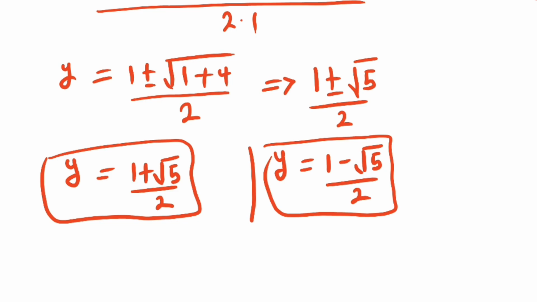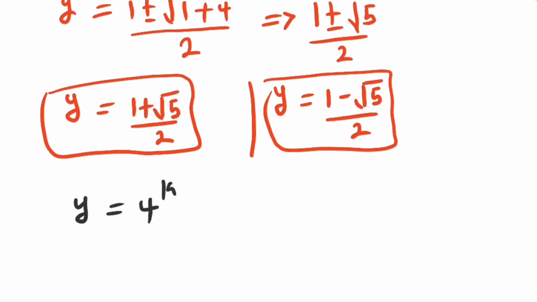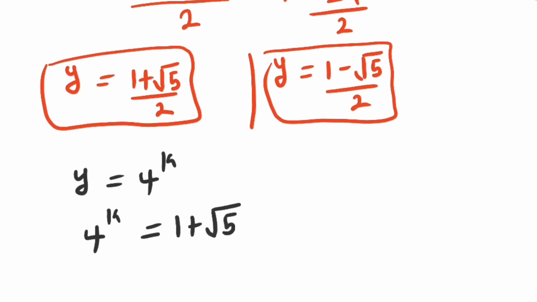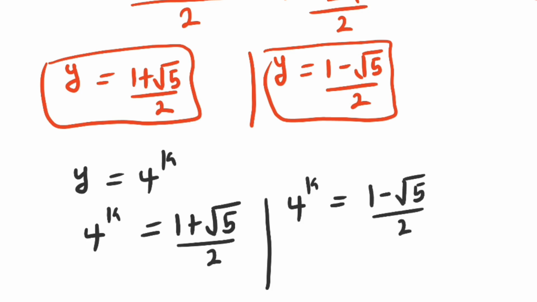But y is equal to 4 raised to power k. Then we have 4 raised to power k is equal to 1 plus root 5 over 2, or 4 raised to power k is equal to 1 minus root 5 over 2.